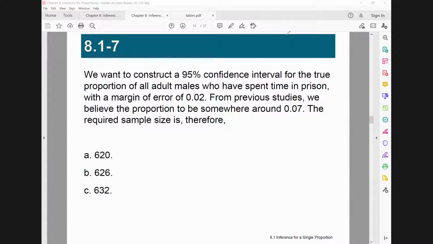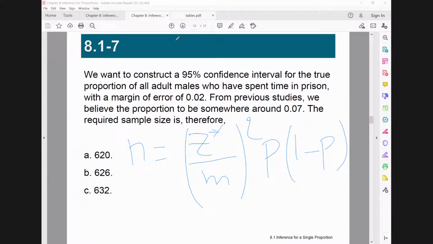Here we talk about the required sample size. Then the sample size n, we have to use this formula: n equals z star over m, squared, times p times 1 minus p. What about p? P is around 0.07.